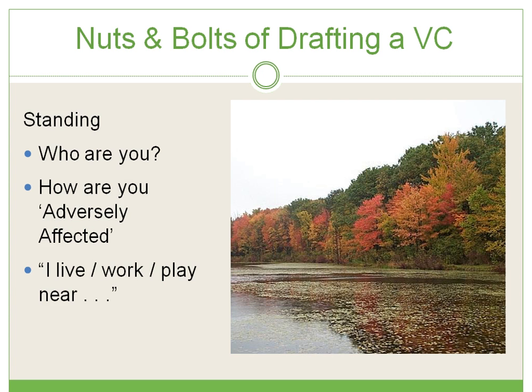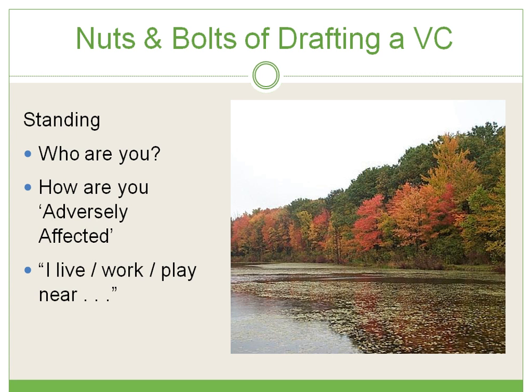Secondly is the issue of standing. The code limits the field of those who may file a verified complaint to persons who are or will be aggrieved or adversely affected by a violation that either has occurred, is occurring, or will occur. In this section, you have to answer the simple question of who are you? And a slightly more complex question of how you are, as the code states, adversely affected.